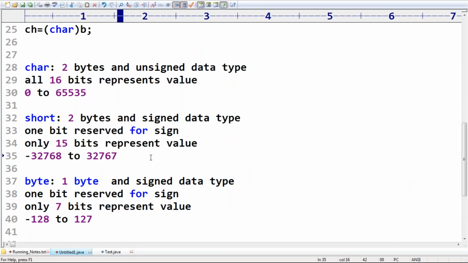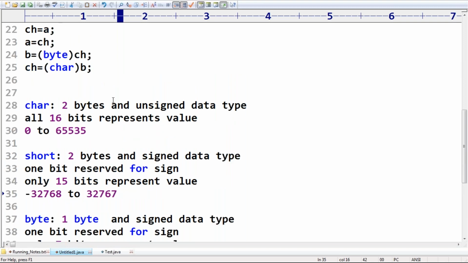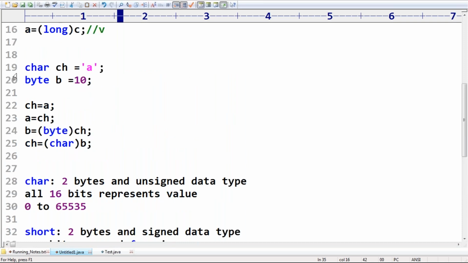Friends, are you in the position to understand? Now, because of this knowledge, can you please observe which of these is valid? I'm trying to assign b is equal to ch. Is it valid or invalid? Invalid. Byte to char, directly assigning, you can't do that.